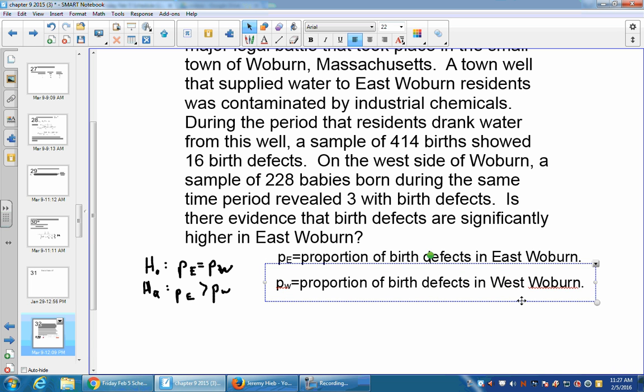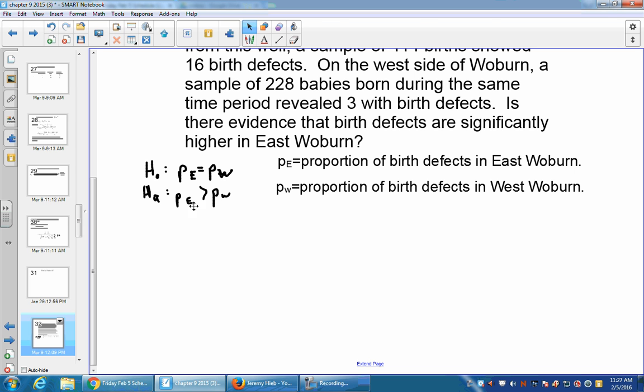So we have to define both variables here. Great. Now we look at conditions.